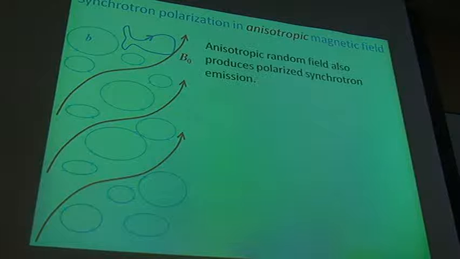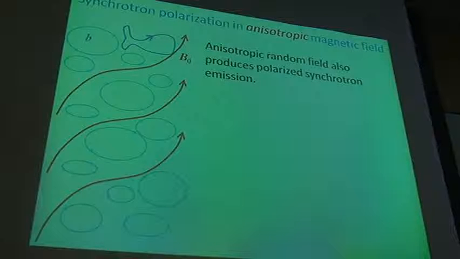In this case, this anisotropic field will also produce polarized emission, because all these turbulent cells have a systematic orientation here.